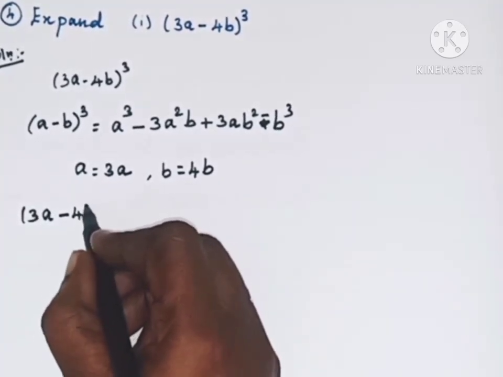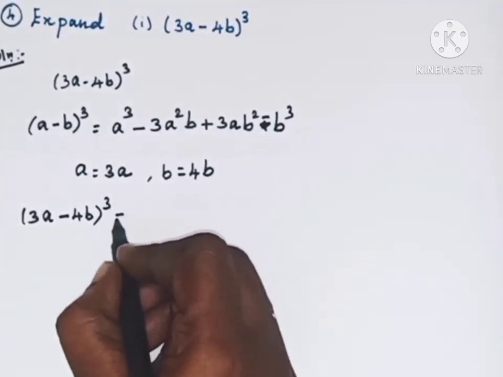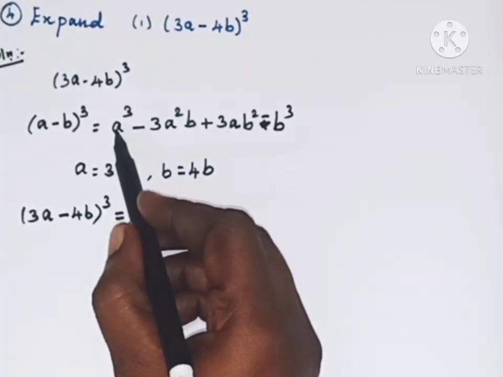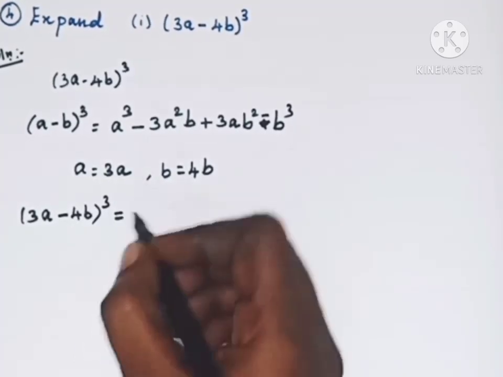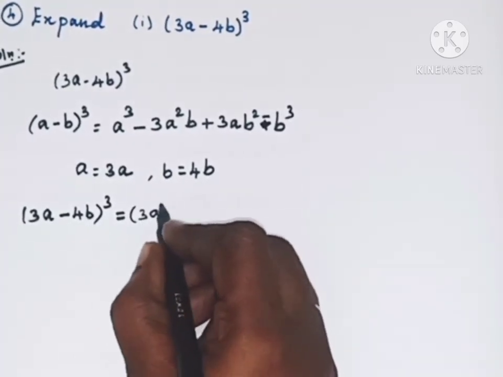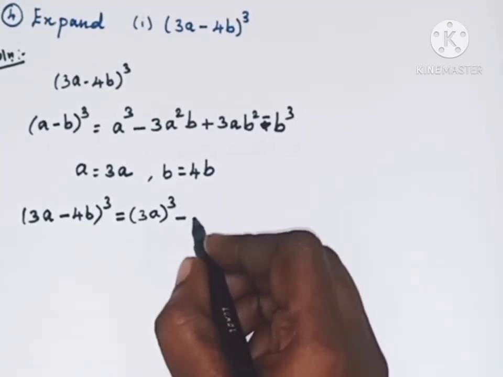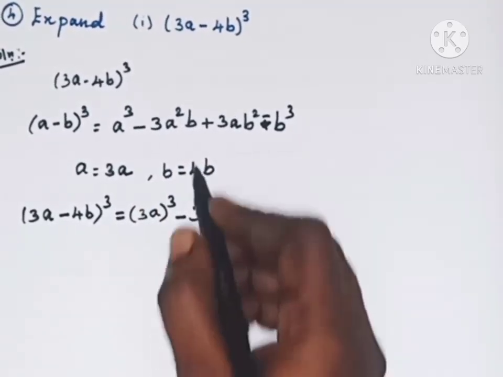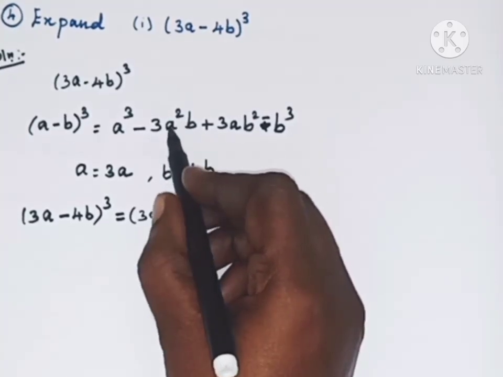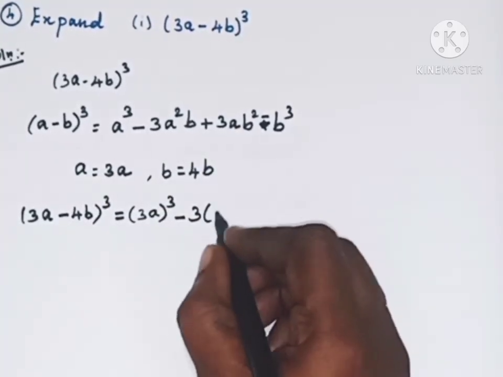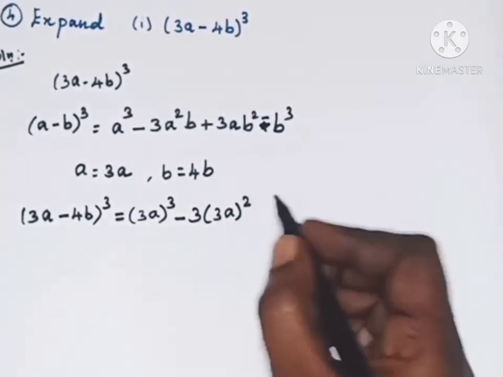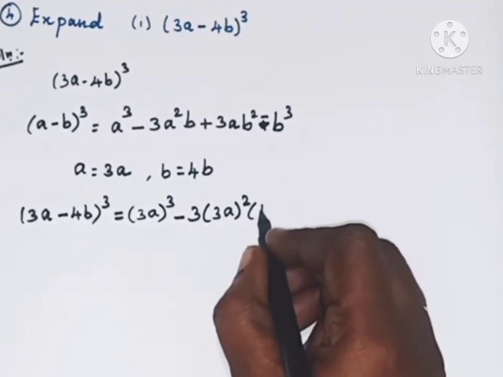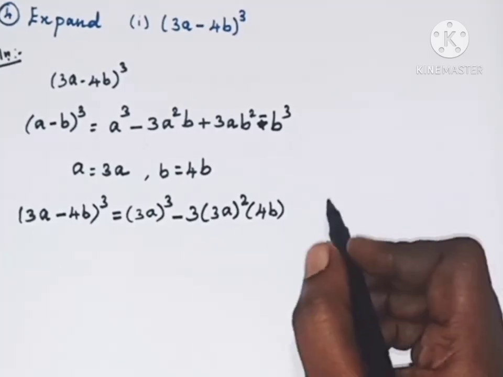So (3a minus 4b) the whole cube is equal to, the identity is a cube, so in the place of a, substitute 3a: (3a) the whole cube minus, in the identity we have 3 here, so put 3 and then a square. The value of a is 3a, so (3a) the whole square, and then b, the value of b is 4b, so substitute 4b in the place of b.